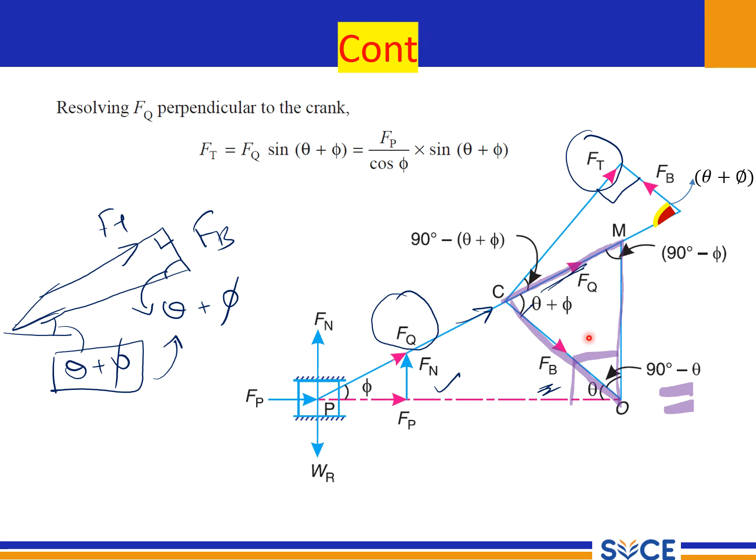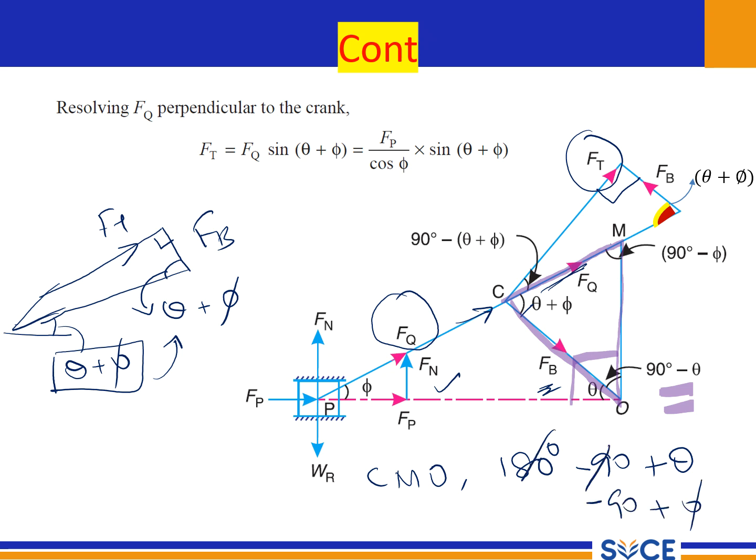Now come to this point, the purple color triangle, CMO. The overall angle is 180 degrees, minus the known 90, minus of minus plus, another minus 90 plus phi.